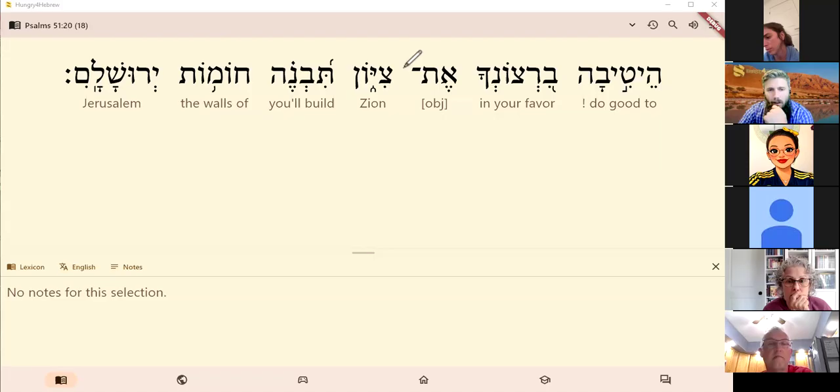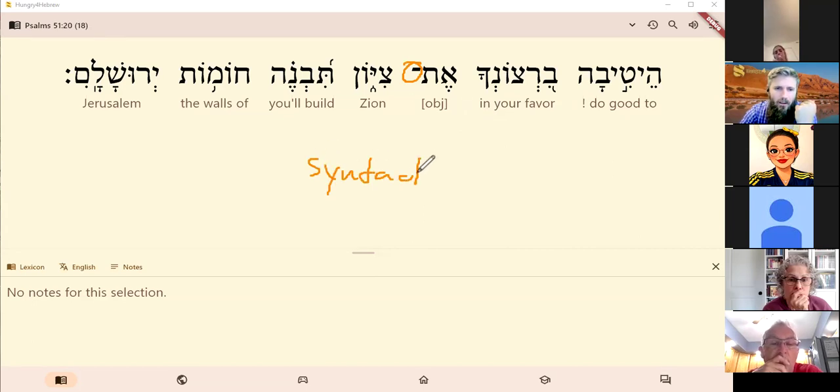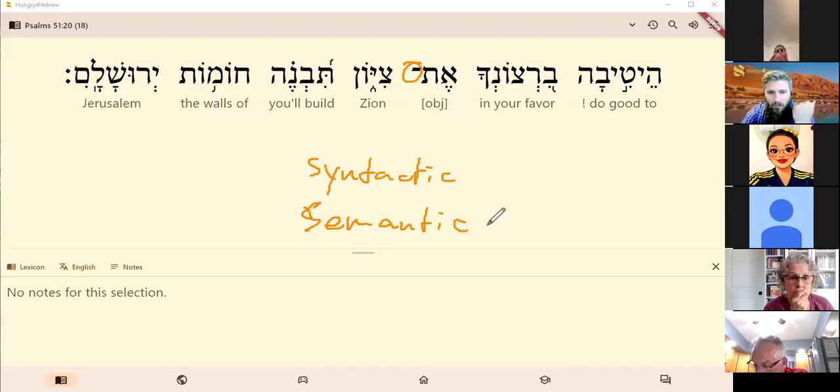So the purpose of the makaf is essentially a syntactic mark. It's not a semantic mark. Now I have to remember how to spell that. Semantic means definition of words.